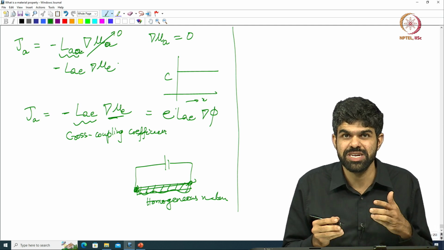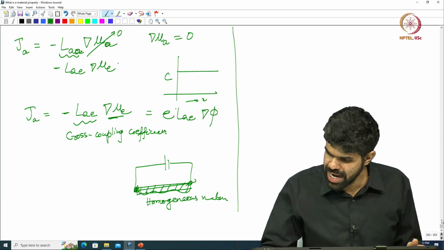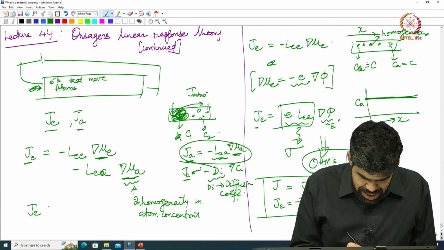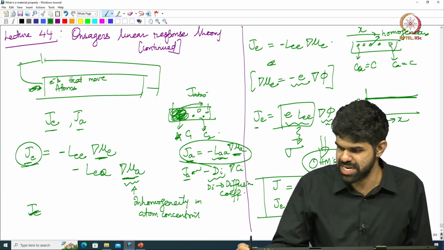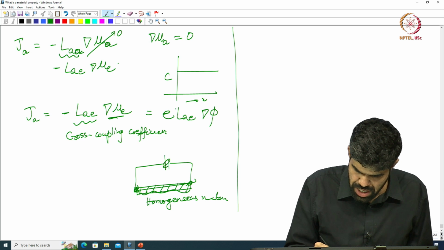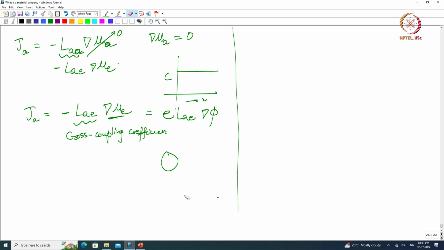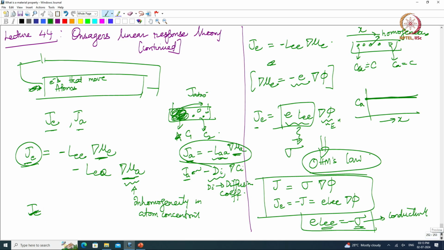In this material, indeed you can. Let us say I send in some current. I have a current source, not a voltage source. This is the material of interest. So, I am sending in some current Je, and Je is equal to minus LEE.